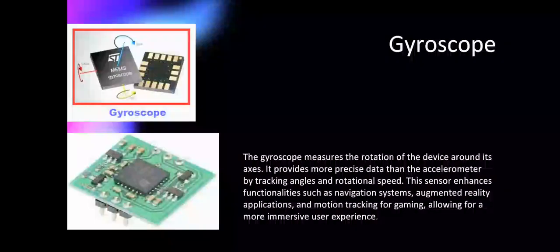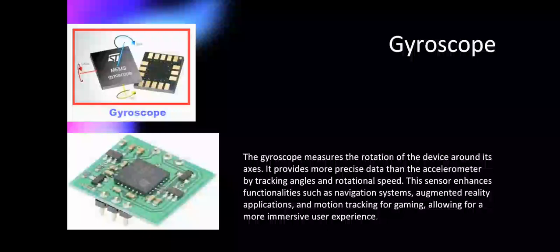And next is the gyroscope sensor. The gyroscope measures the rotation of the device around its axis, and it provides more precise data than the accelerometer sensor by tracking angle and rotational speed. It also measures angular velocity, which is the rate at which an object rotates around an axis.